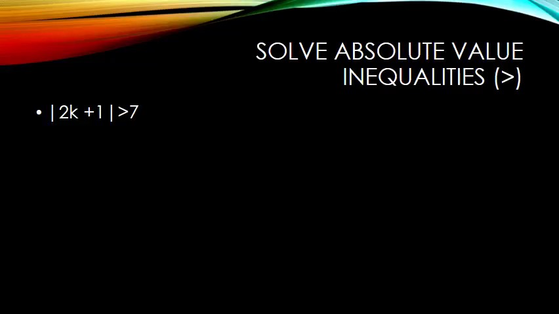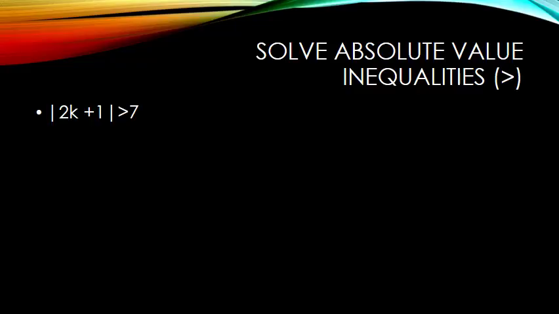Well, we're working on solving absolute value inequalities, and this time we're going to look at greater than absolute value inequalities. Now recall, when we're dealing with less than, that phonetically sounds like "and": less than, less than. And when we're dealing with greater, that phonetically sounds like an "or" statement: greater, greater, greater.